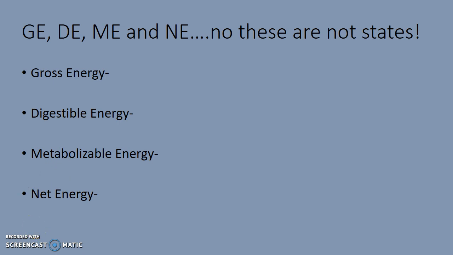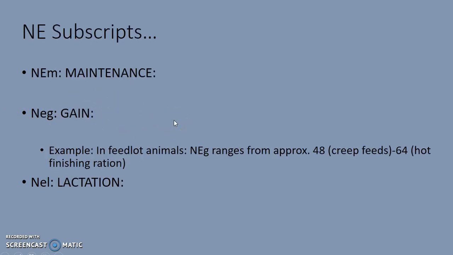And that is the metabolizable energy minus the energy used for basically the metabolism of feed. So again, that's just basically a written version of that diagram from a couple slides ago.